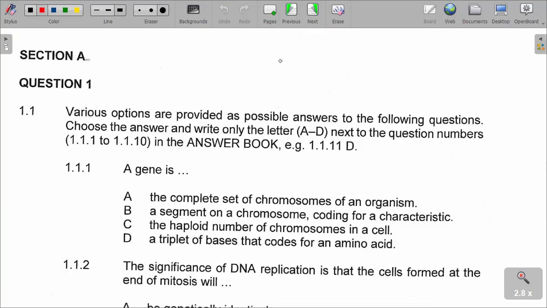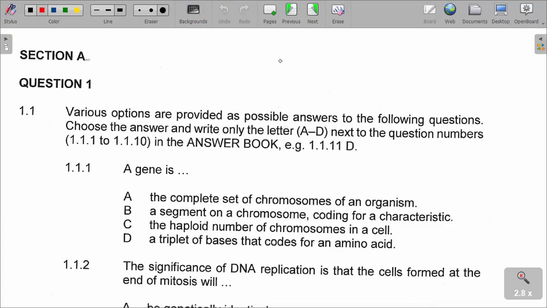This is also a typical question that I once answered previously in the last session of preparation for these exams. A gene is a segment on a chromosome coding for a characteristic.